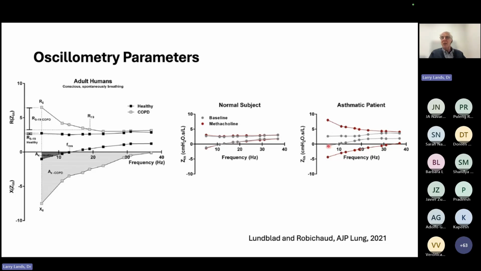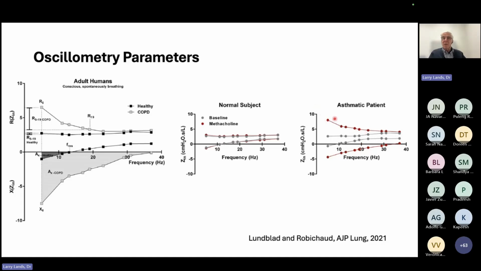On the other hand, with a patient who has asthma, pre and post bronchodilator or with methacholine, you could see that the resistance at low frequency goes up. You can now see that there is a dependency of the resistance on frequency, so as the frequency goes up, it goes down.